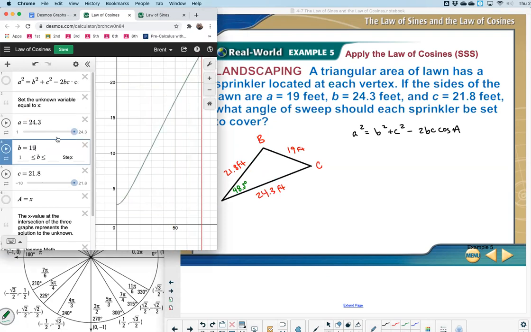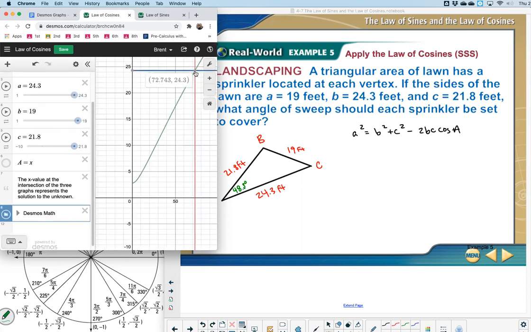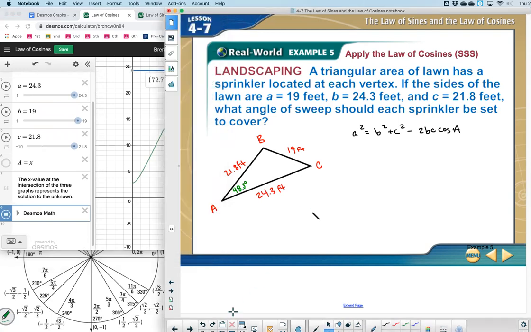All I did is switch the location of 24.3 and 19. So this now gives me the angle across from 24.3, which happens to be 72.7.